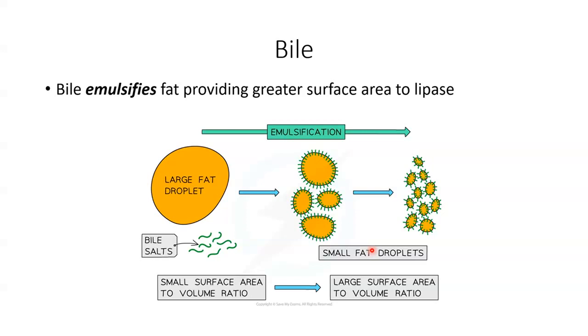Now, bile is a yellowy green liquid that consists of water, bile salts, cholesterol, bile pigments, and several ions. The principal bile pigment is bilirubin, which is produced by the phagocytosis of old red blood cells. This bilirubin is what gives bile its distinctive colour.